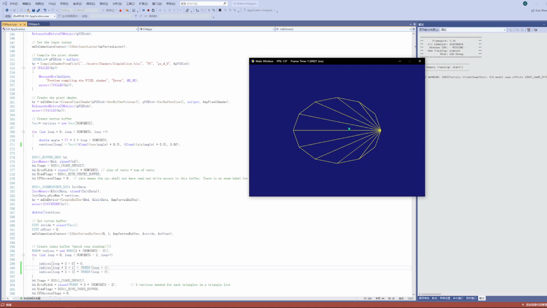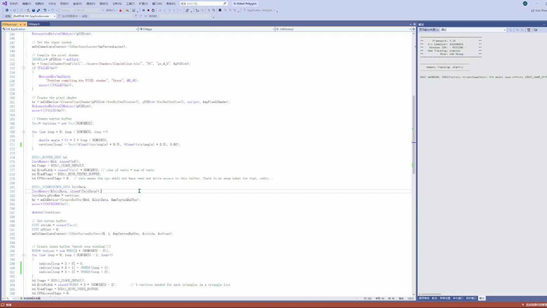And since we have the angle, the x value is basically cosine of the angle times this constant value, and sine of the angle times this 0.5 constant value. That's how we get each vertex coordinate. And the size of vertices is 12 in our case.